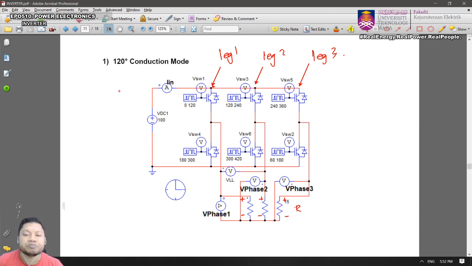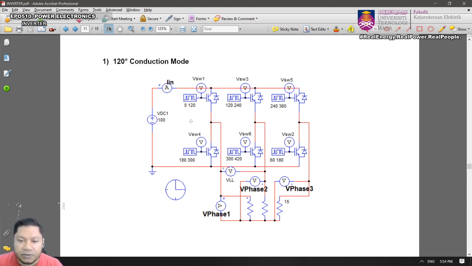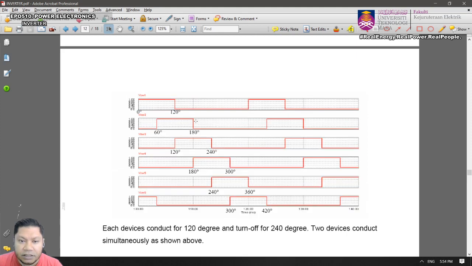Okay, so what is 120 degree conduction mode? You're going to let all switches here be turned on for 120 degrees. So all switches here will conduct for 120 degrees. Next, we're going to look at the pulses for all switches here.